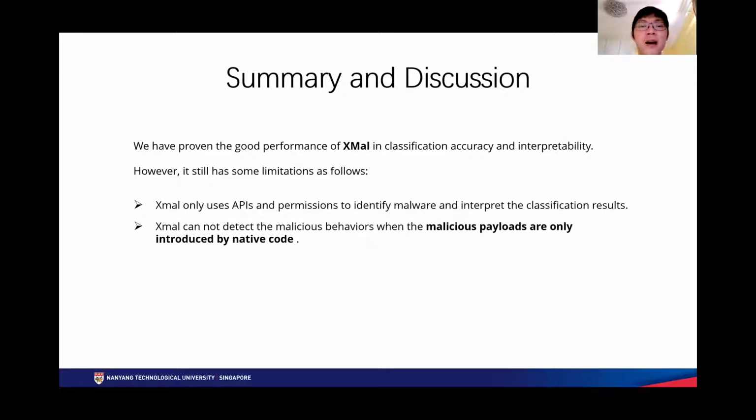One is that XML only uses APIs and permissions to identify malware and interpret classification results. I think more types of features should be taken into consideration, right? The other is that XML cannot detect the malicious behavior when the malicious payload is only introduced by native code.